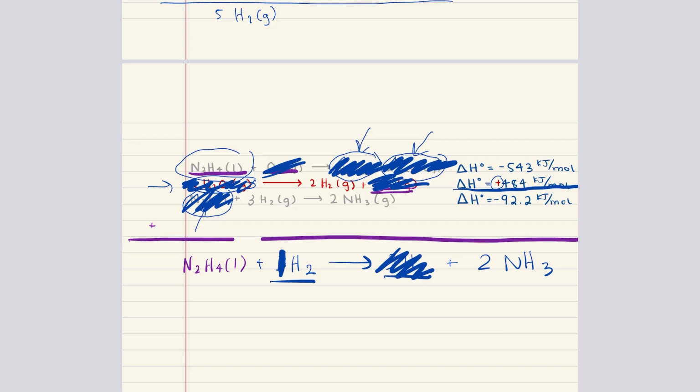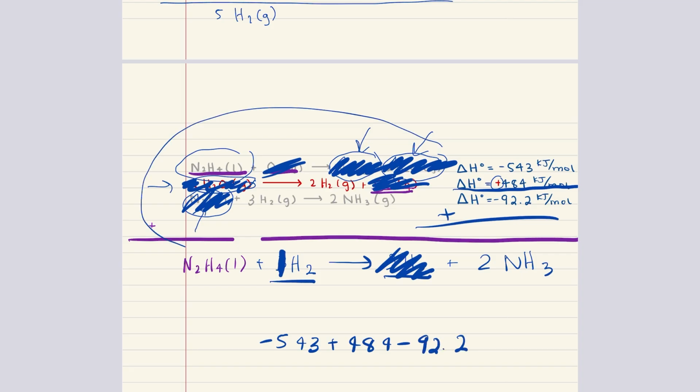Now, we're not done yet. The final step is to figure out the sum for the enthalpy changes. It's going to be minus 543 kilojoules per mole plus 484 kilojoules per mole minus 92.2 kilojoules per mole.